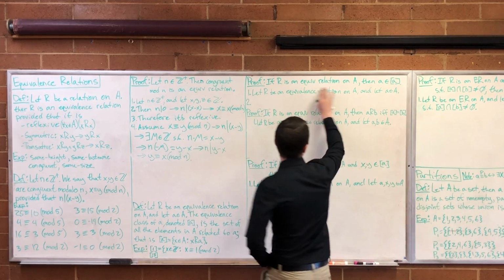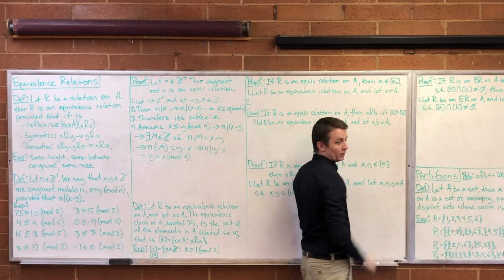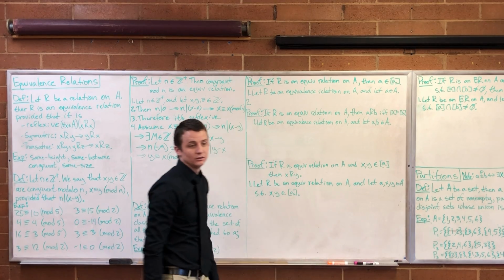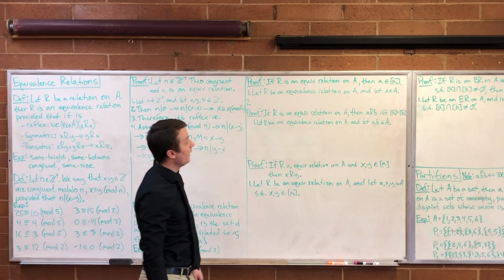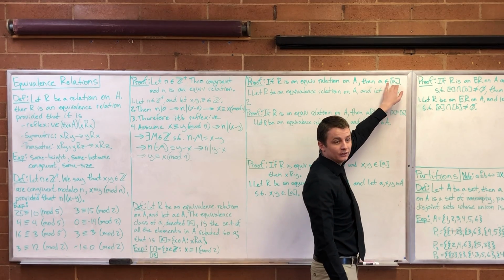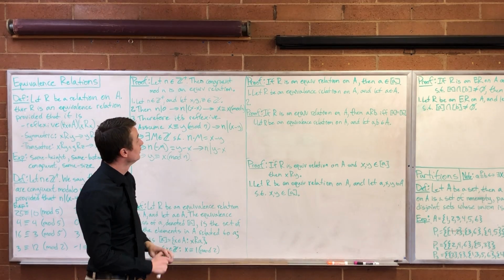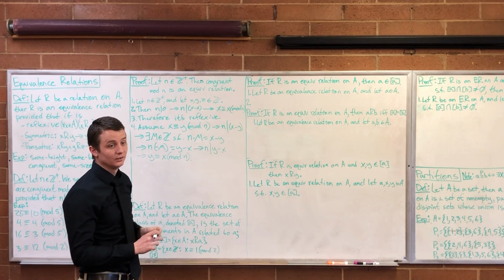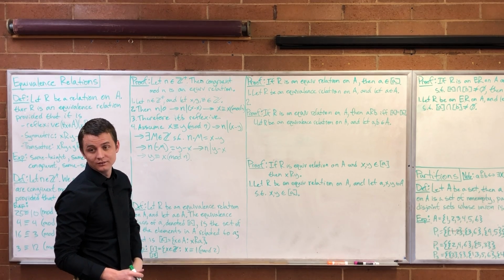If R is an equivalence relation on some set A, then a is always a member of its own equivalence class. a is in the set of all things related to a. How on earth are we going to prove that? Well, we know that R is an equivalence relation, so we know that xRx.